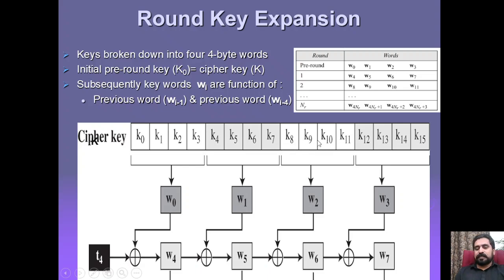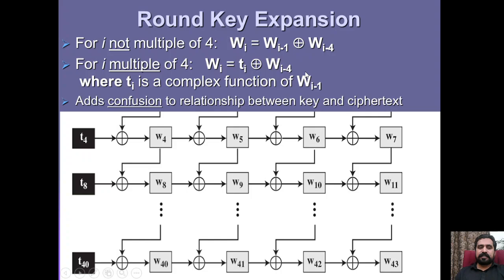For the third word we see 4 different bytes, and K12 to K15 become the fourth word. So we start from W0 to W3. That's why we say the fourth word becomes W3, which is used in the exclusive OR operation. Moreover, as we discussed, W0 to W3 are used in the pre-round transformation.